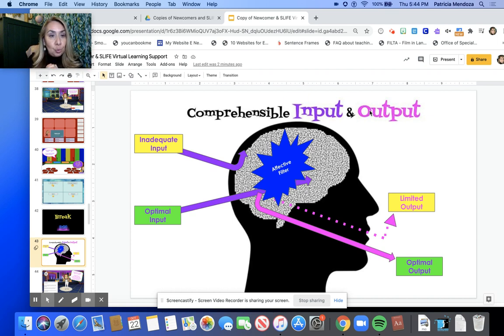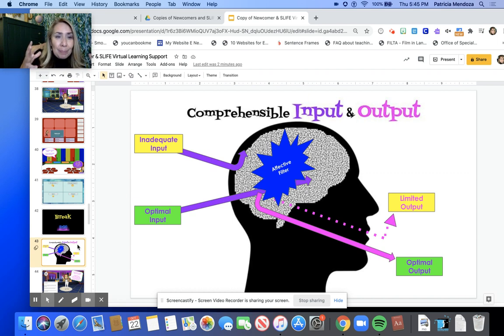All of this has to do with input, how we are actually providing the instruction to our students. And depending on the input is really going to determine the output of our students, how they will show us if they got it, if they understand our learning as well. So we want to make sure that we provide the optimal input so that they can be successful, that it actually retains, because that affective filter's on.